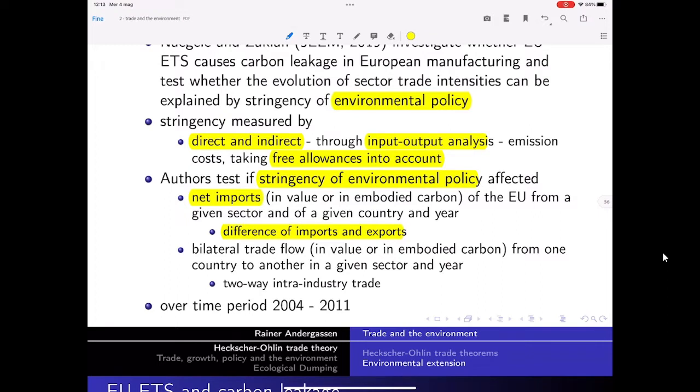And they also look at bilateral trade flow, again in value and in embodied carbon, from one country to another in a given year and sector. So that would be a two-way inter-industry trade with the bilateral trade flows. Those are the two things the authors look at over the time period 2004 to 2011.